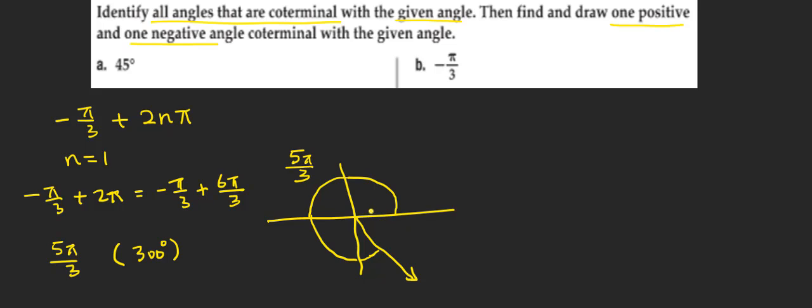Now, what about a negative angle? Well, what we could do is let n equal negative 1. When n equals negative 1, you get negative pi over 3 minus 2 pi, which is the same thing as negative pi over 3 minus 6 pi over 3.